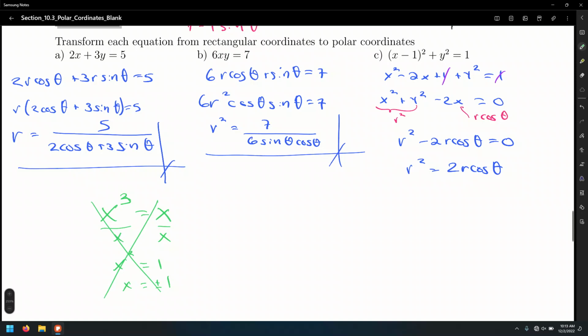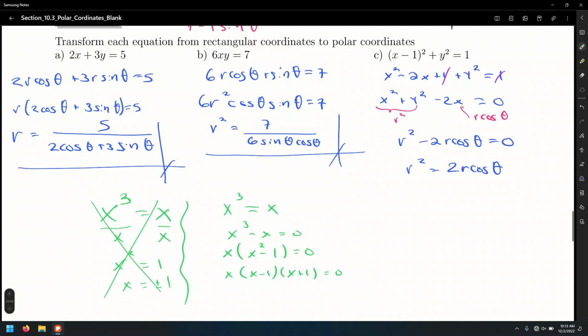So the correct way to solve this equation, x cubed equals x, is to set the equation equal to 0: x cubed minus x equals 0, and solve it by factoring. x times x squared minus 1, and that's x times x minus 1 times x plus 1.